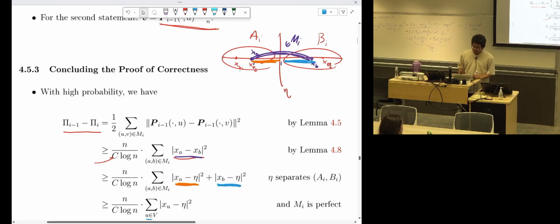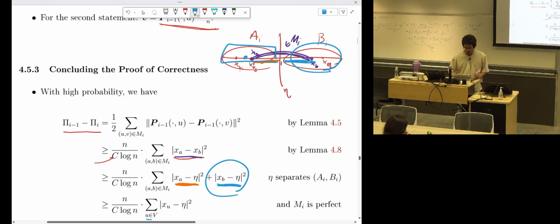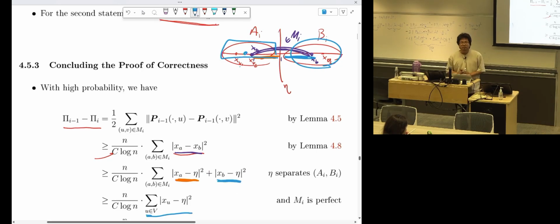Every node on the left side will be contributing somewhere here, and every node on the right side will be contributing somewhere here. So this is now actually a sum over all nodes.